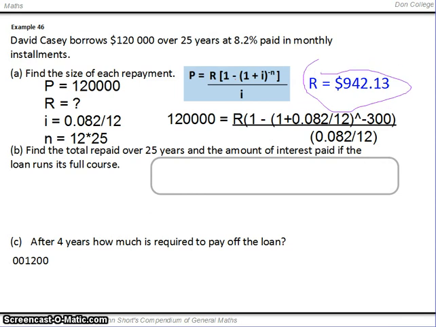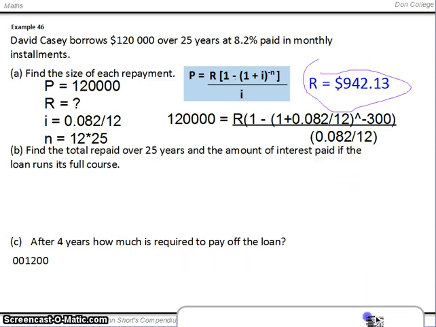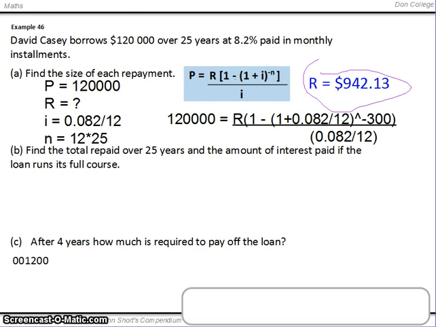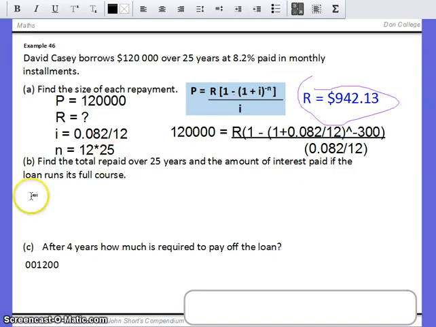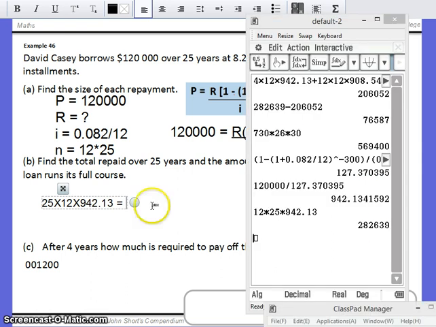Now, find the total repaid over 25 years and the amount of interest paid if it runs its full course. Okay, well the total repaid over 25 years, that's going to be 25 years, and we're paying monthly, so we have 300 payments at 942.13, which is equal to $282,639.